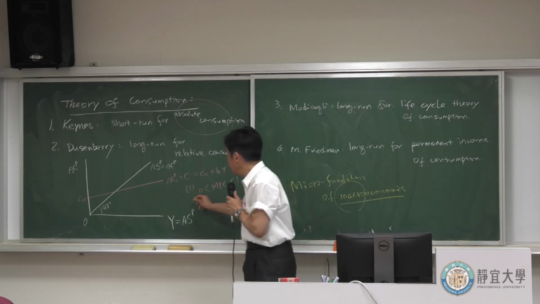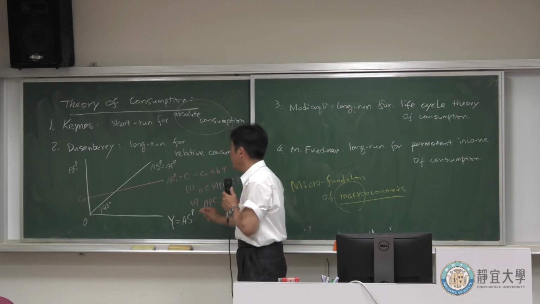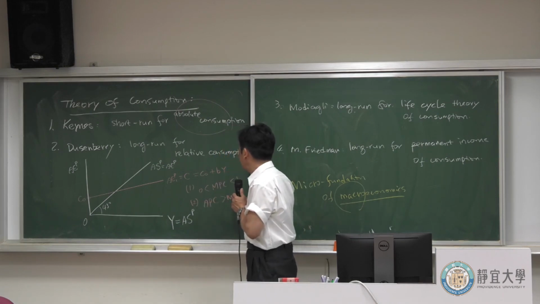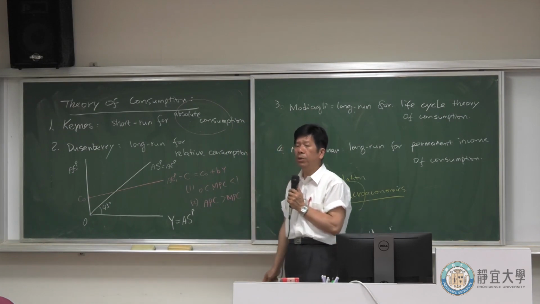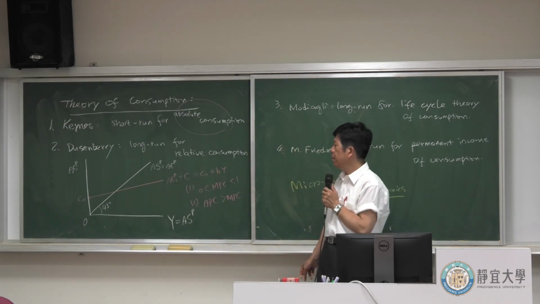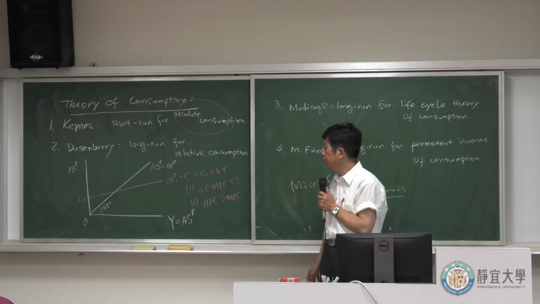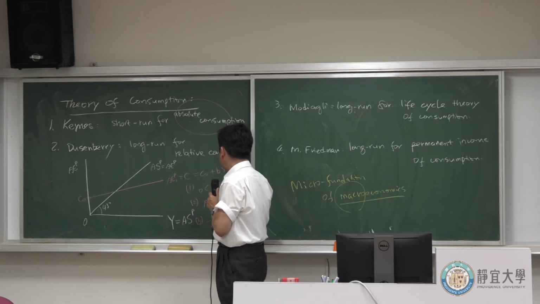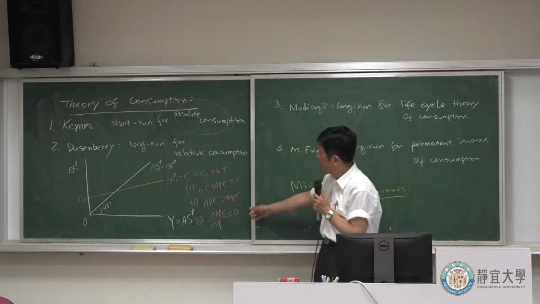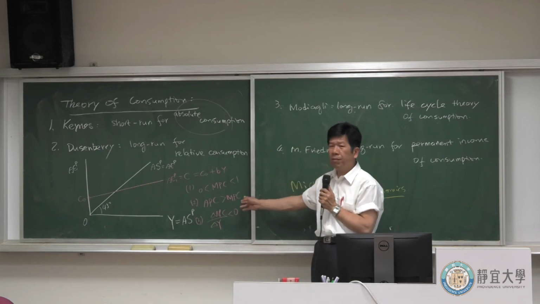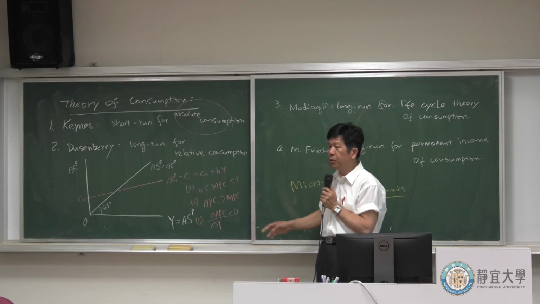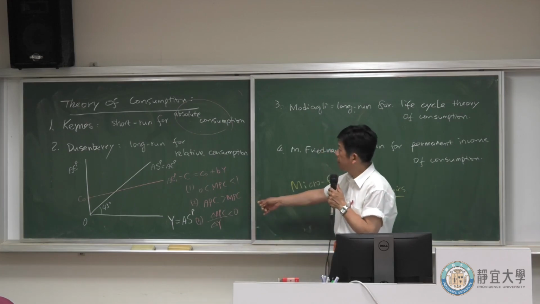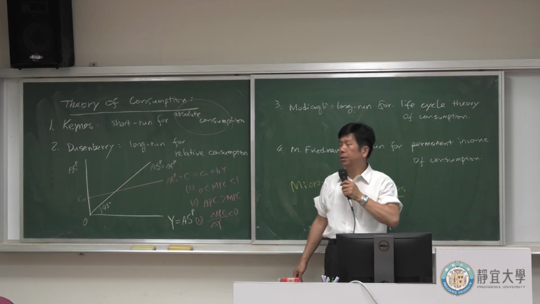The second is APC larger than MPC, the average propensity to consume larger than the marginal propensity to consume. The third is delta APC over delta Y less than 0. These are the three special features of consumer behavior.